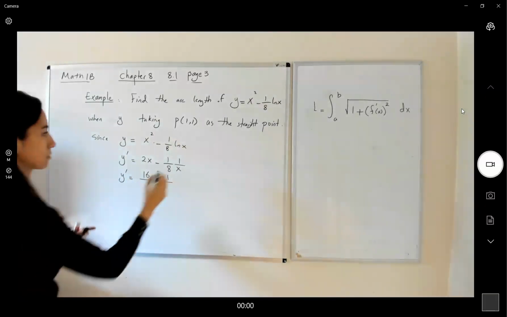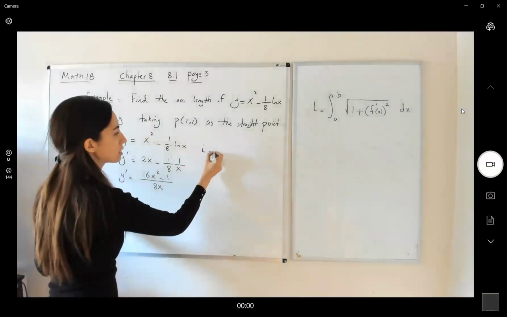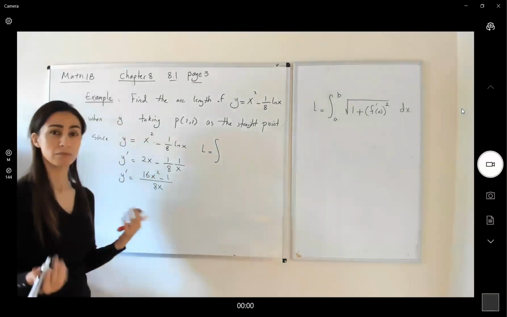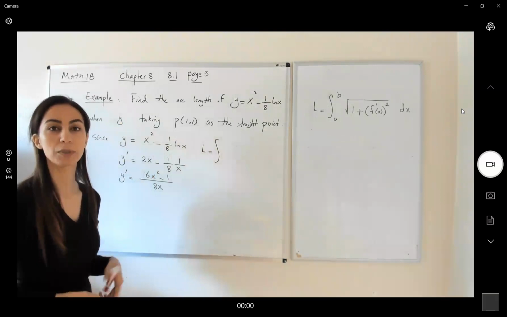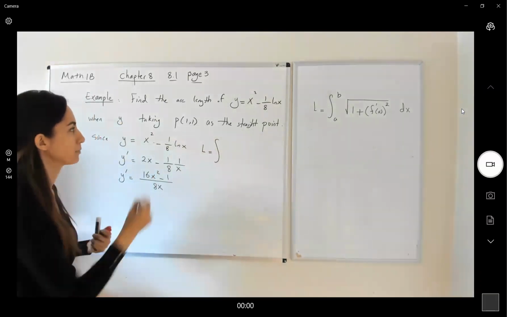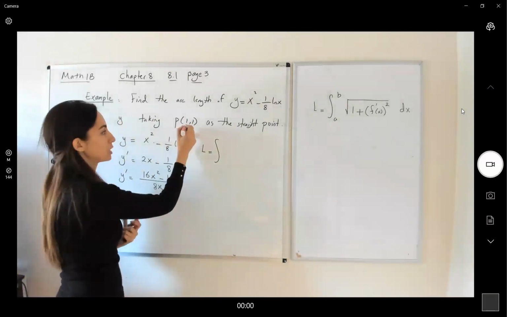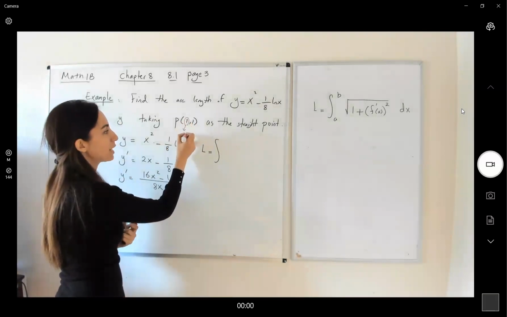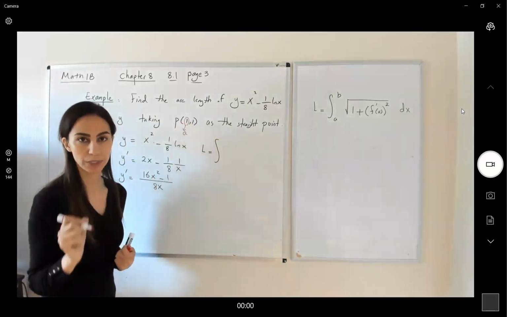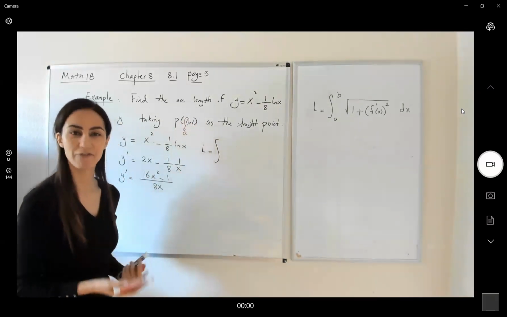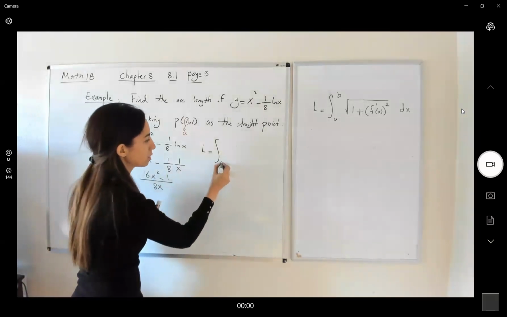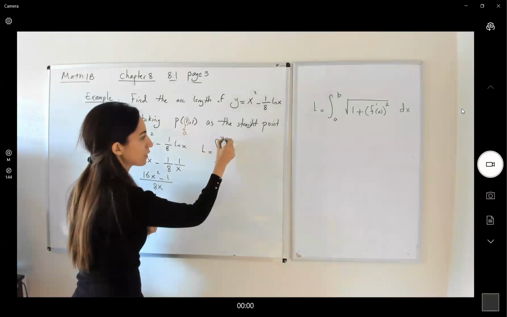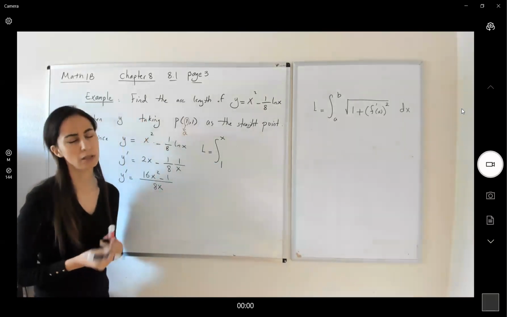Very well. Our L is equal to the integral. So I expect you to ask, what is the lower limit? What is the upper limit? This is the beginning point, this is your a. Your b is just a variable. So your a is 1 and your b is just a random variable, let's say x.